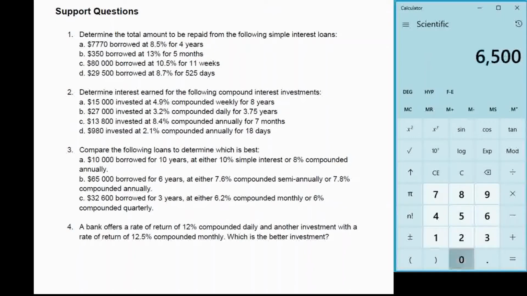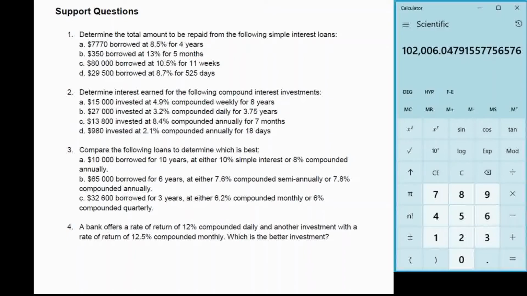And then let's find out what happens if we put this at 1 plus 0.078 compounded annually to the power of 6 years. So in this case, I would owe back $100,002 about. So let's compare that.